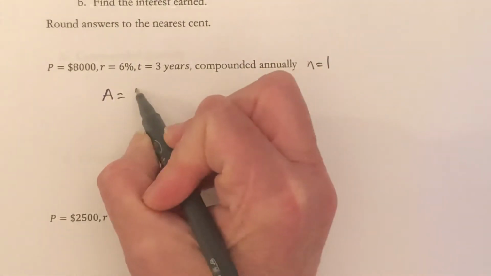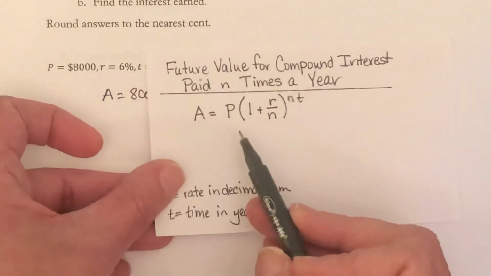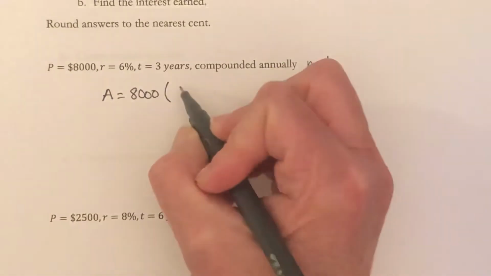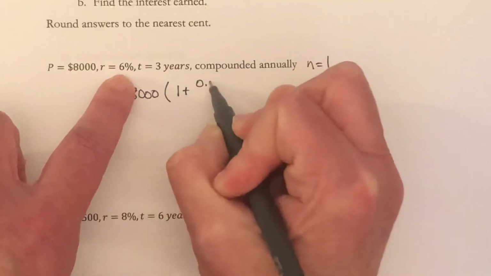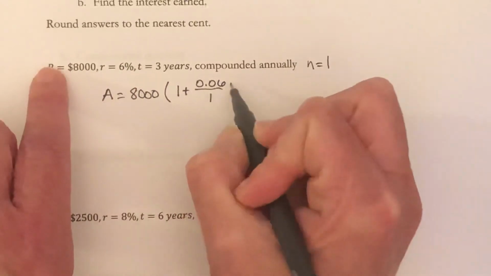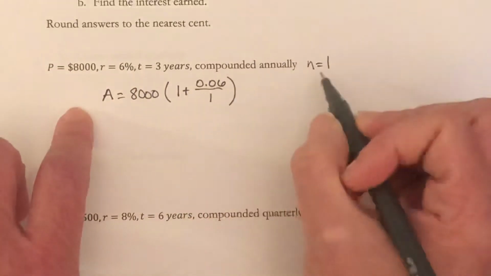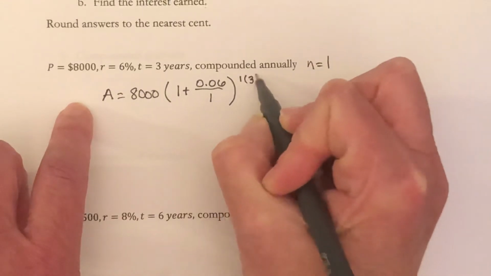Principal, which is 8,000, times 1 plus R over N. Our rate written as a decimal would be 0.06 over N, which is 1, raised to the NT, so 1 times 3 years.